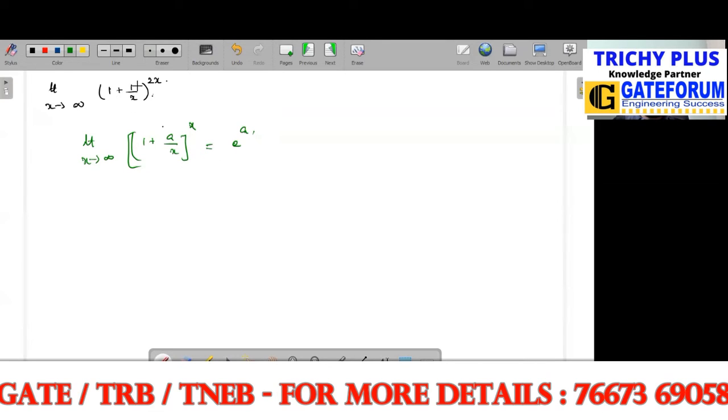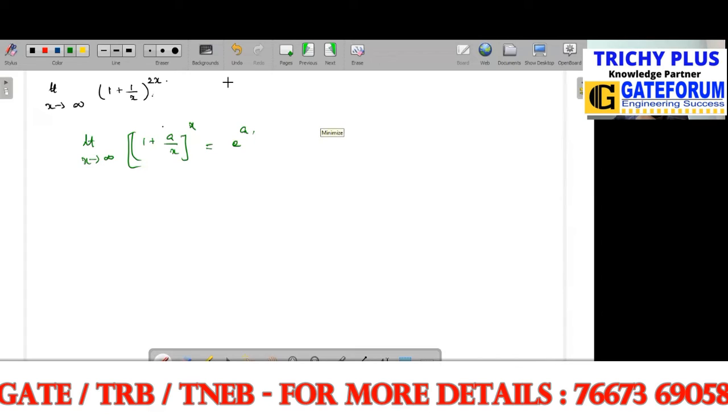First of all, you have to reframe the same thing like this, right? Correct? What is the value of a here? The answer is 1 now.